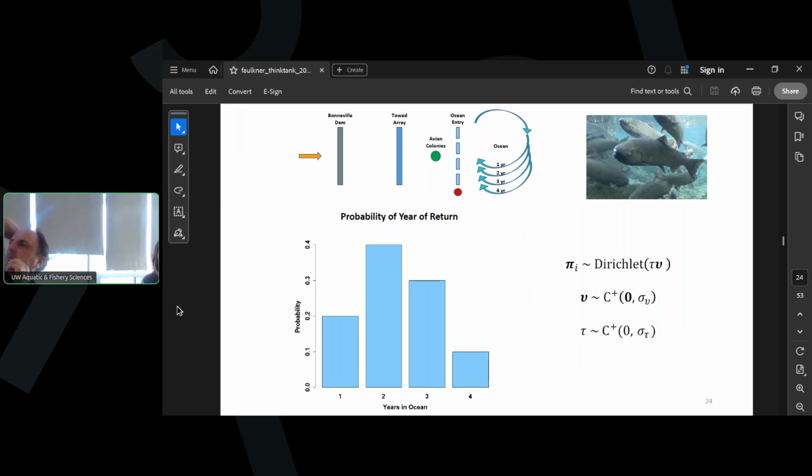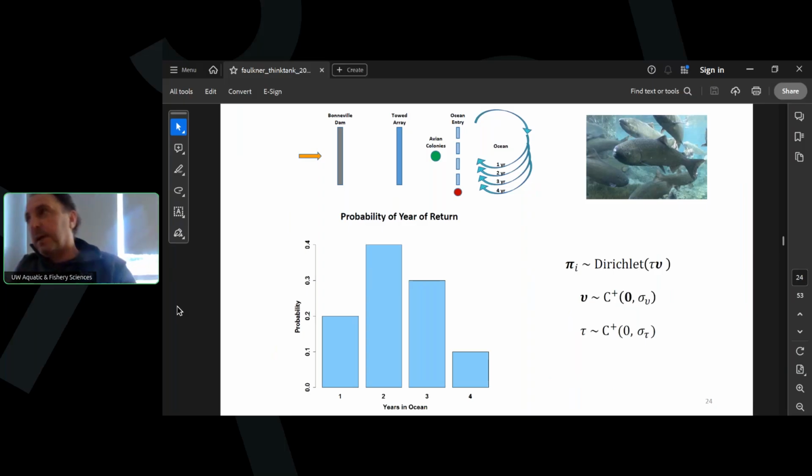Okay, next one. There are different ways you can do this. One way is to assume there's some predetermined probability that fish are going to come back after 1 year, after 2 years, 3, and so on. Those sum to 1, so you can use a Dirichlet distribution that works well, and have it be constant across the years. I thought that would be the only way for this to work, and maybe it is, but these are priors.